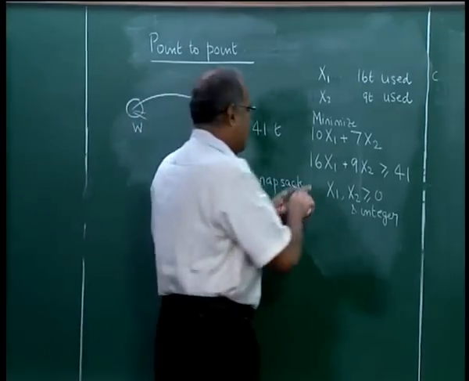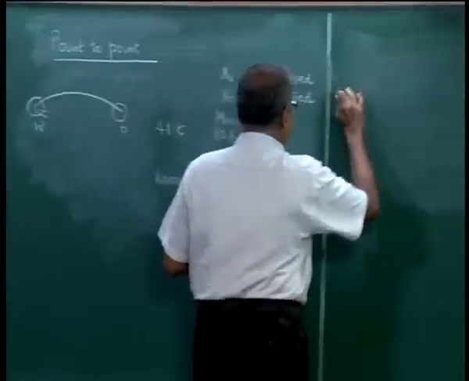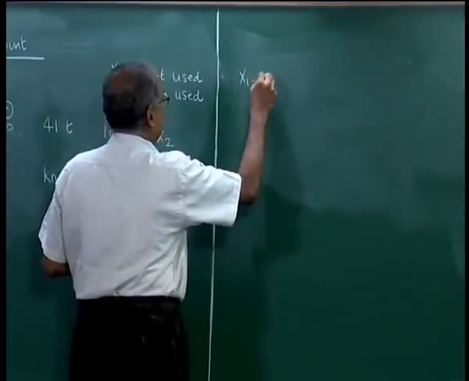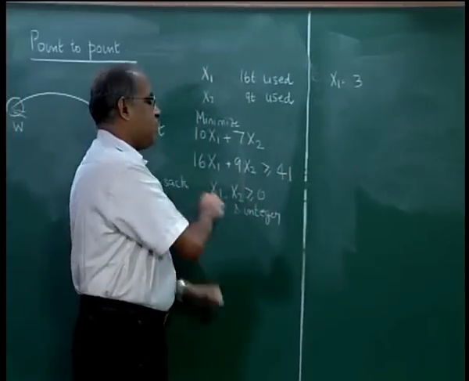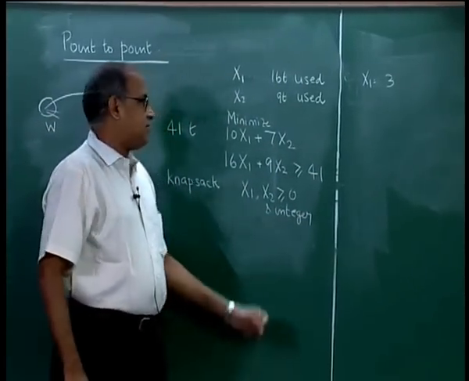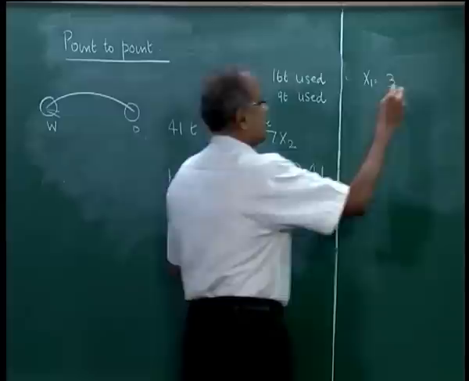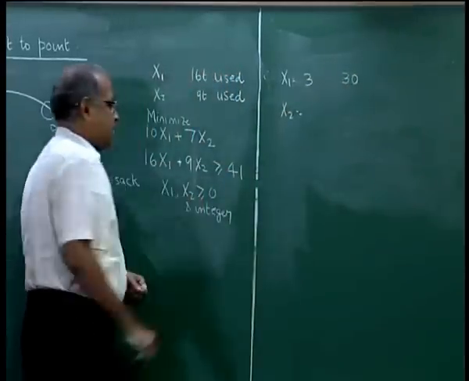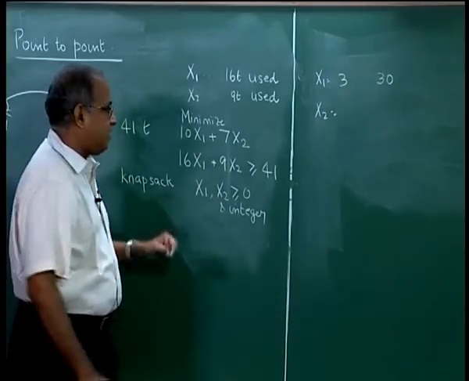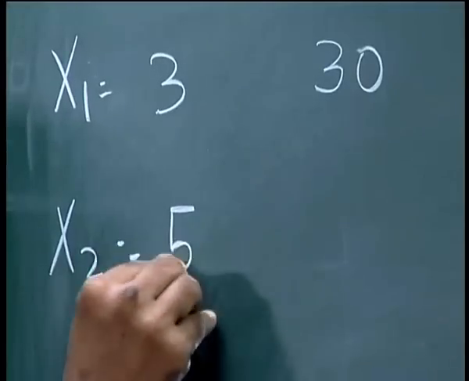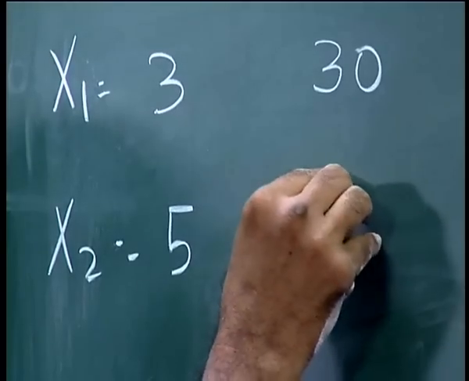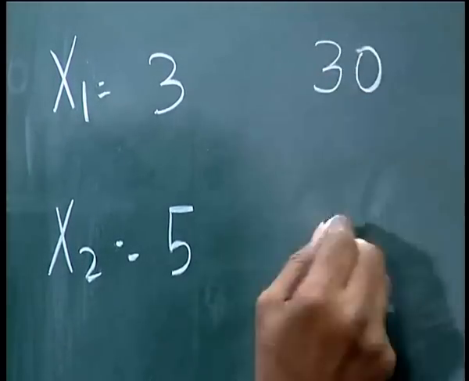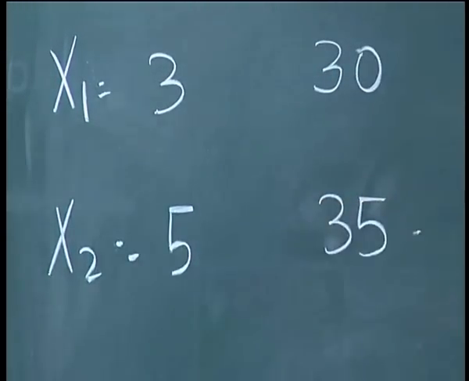Now if we use only 16-ton trucks, then we will require x1 equal to 3, which is the upper integer of 41 by 16. So we will need 3 trucks here and the cost will become 30. If we use only 9-ton trucks, then we would need 5 such trucks, and the cost will become 7 into 5, which is 35.